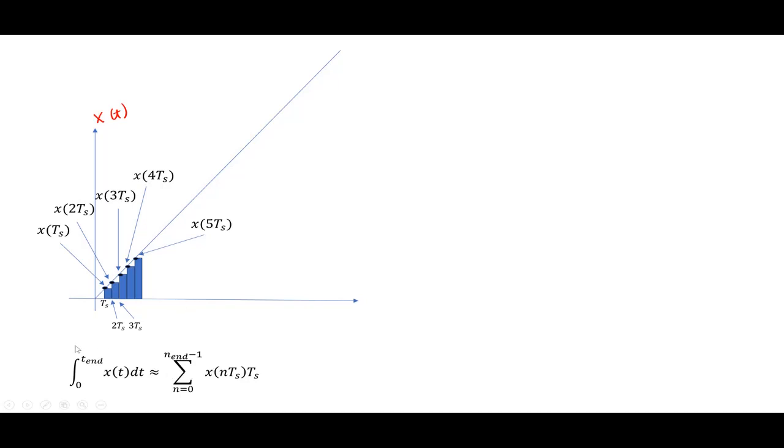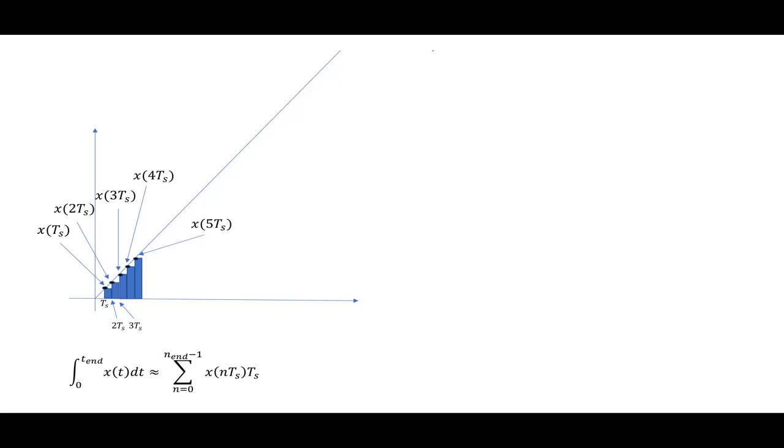So let's try to evaluate this integral using the left sum idea, and this will help us think about how we would code this. The first thing I would do in coding this is use a for loop.